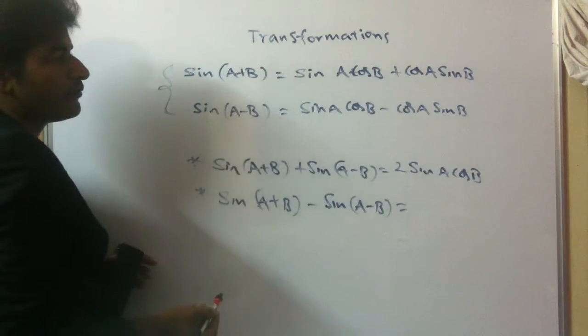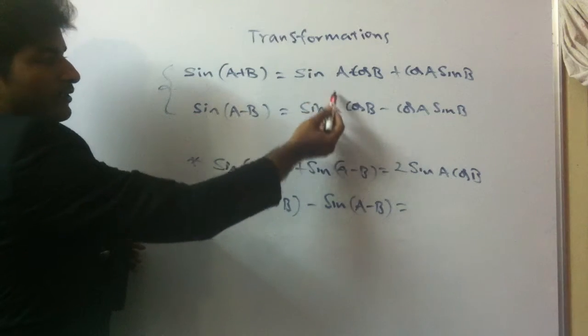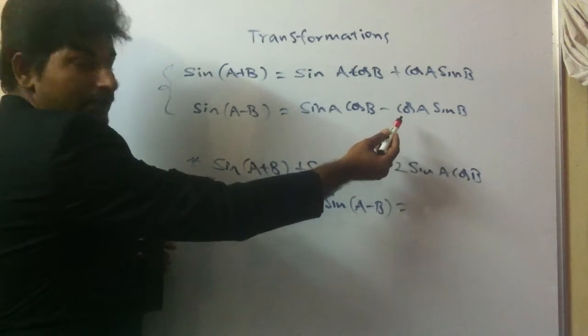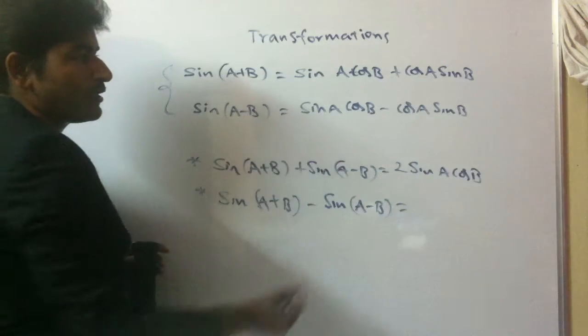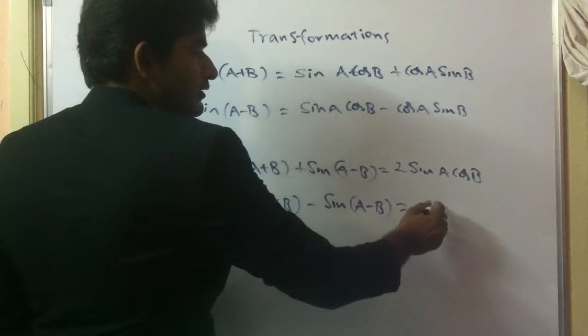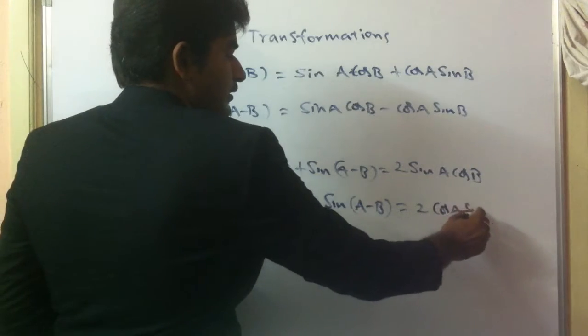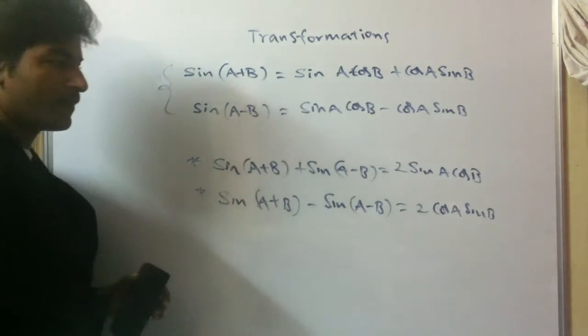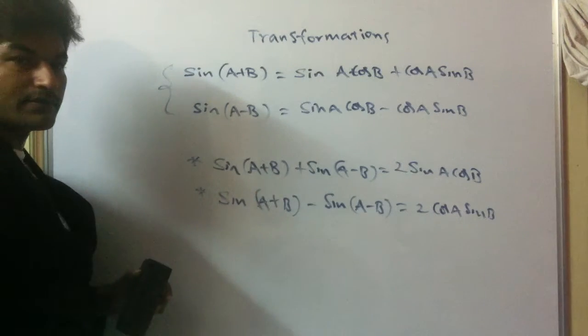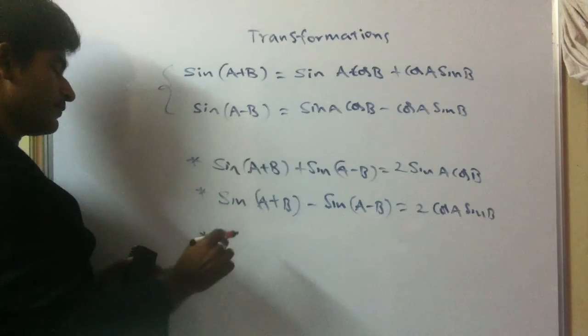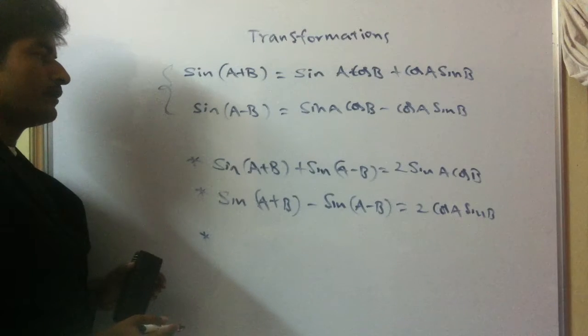Subtracting, both sine a cos b quantities cancel. The sign changes here, so this becomes a positive quantity: cos a sine b plus cos a sine b. How much is it? 2 cos a sine b. Just copy these results.